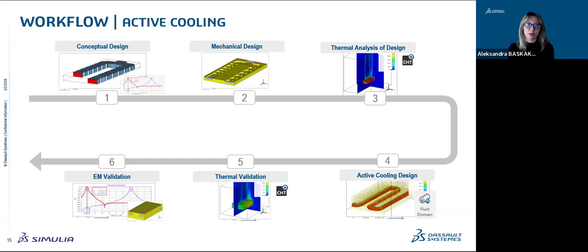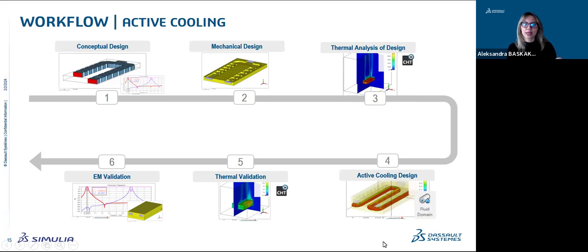The conjugate heat transfer solver can be used for a workflow of active cooling system design. The idea behind it is when an electronic device is operating, its losses turn into heat. And this heat can be simulated with the thermal solver, and its effects on the device and its surroundings can be found.